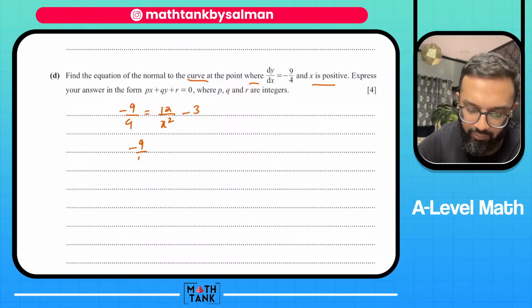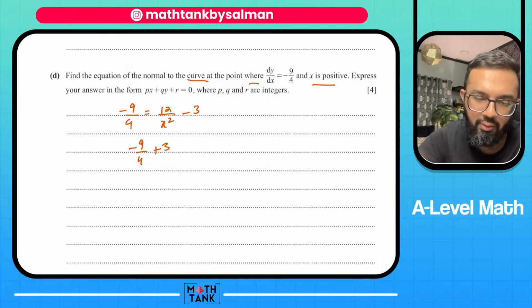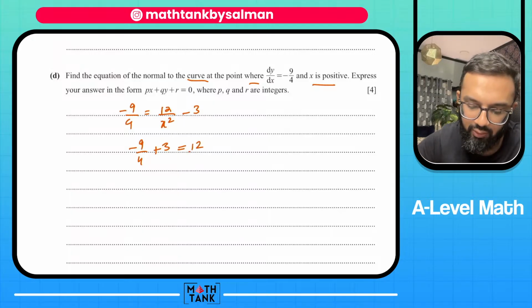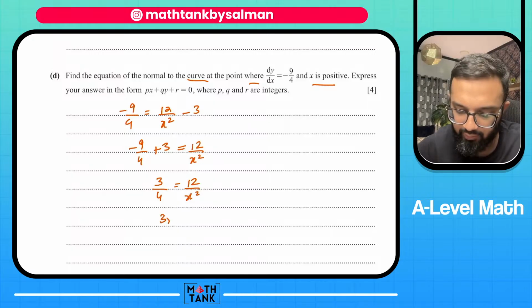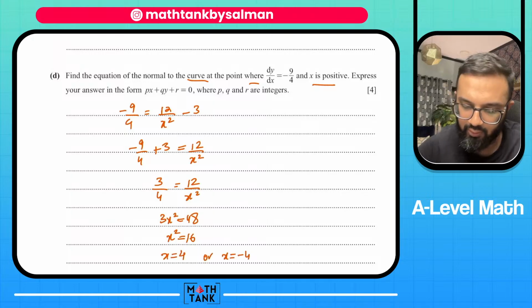Minus 9 over 4 plus 3. That's 3 over 4 equals 12 over x squared. 3x squared equals 48. x squared is 16. So x is either 4 or x is minus 4.